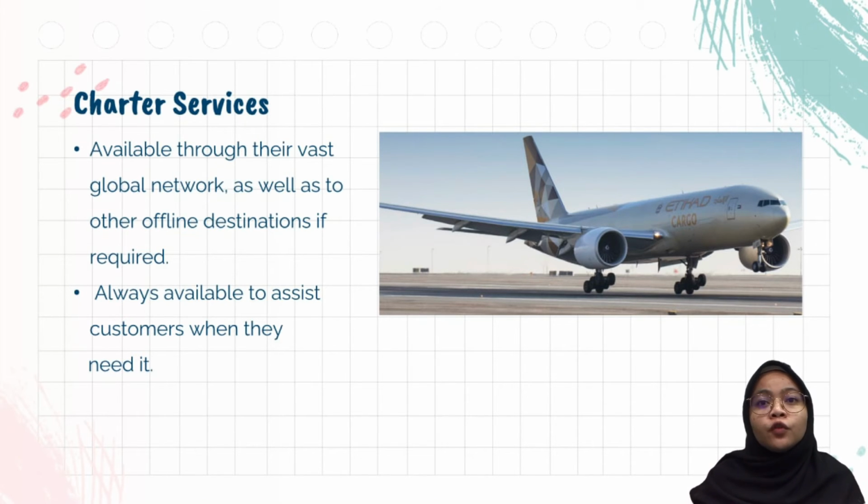Etihad Cargo provides a bespoke charter service. Charter services are available through their vast global network, as well as to other offline destinations if required. Their dedicated team manages several links at a low cost and is always available to assist customers when they need it.